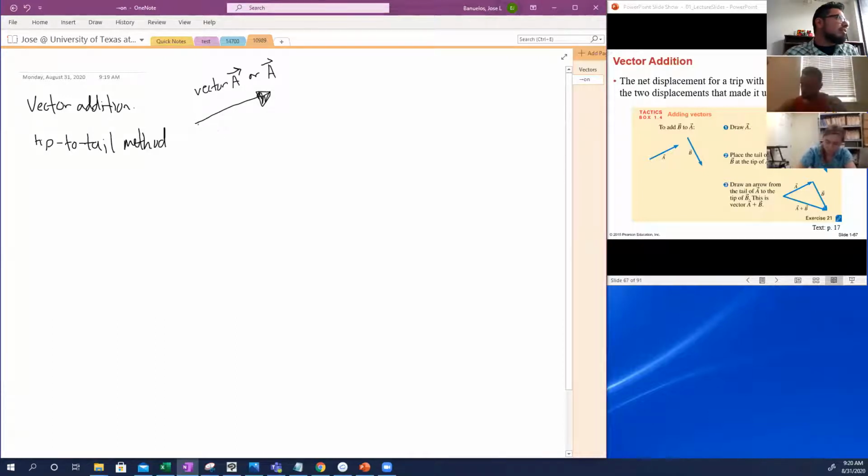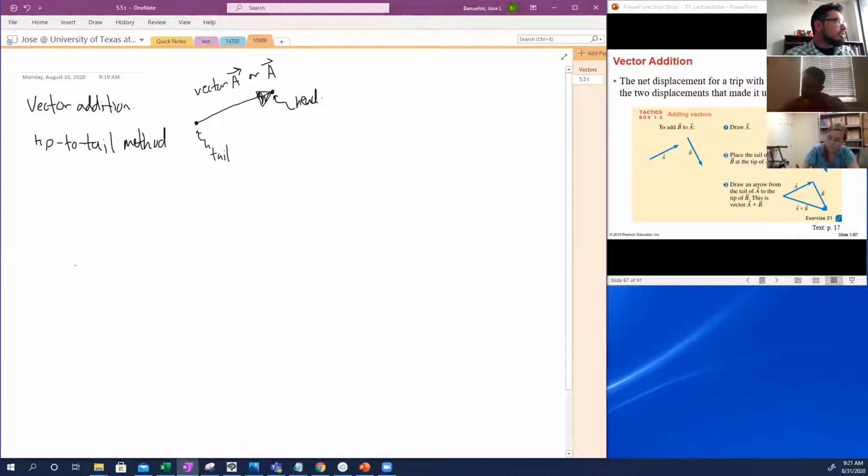In a vector A like this one, there are parts to it. In this case, the bottom part here is going to be the tail of the vector. And where we have the arrow tip, that's going to be the head of that vector.